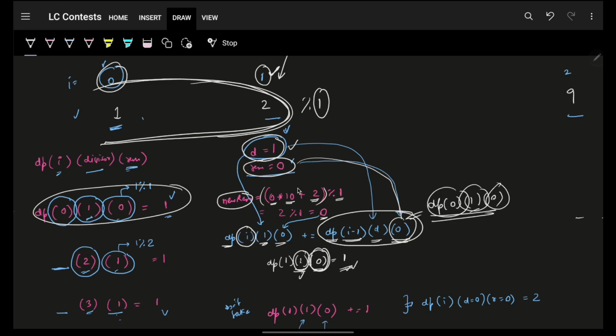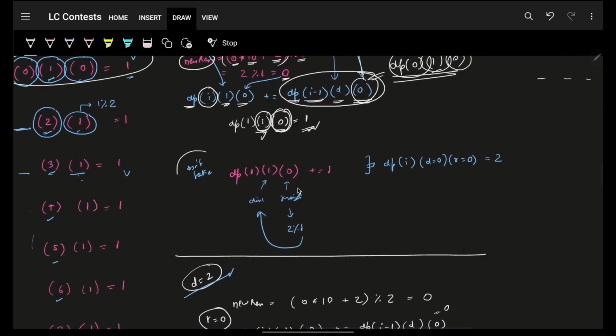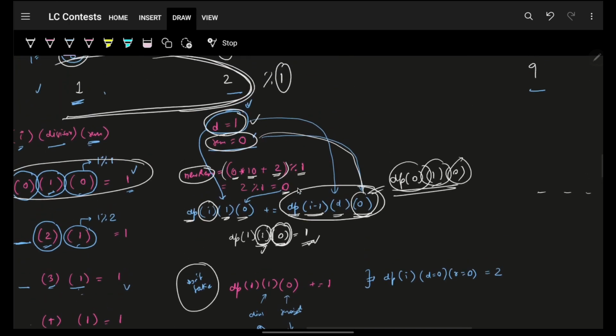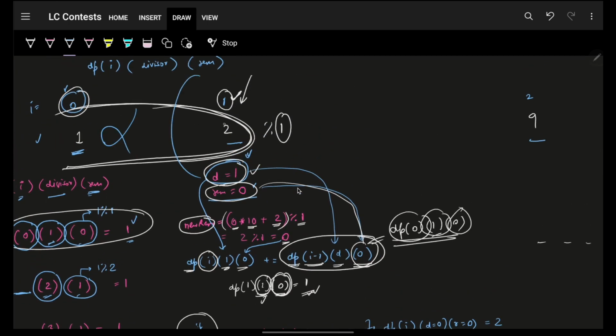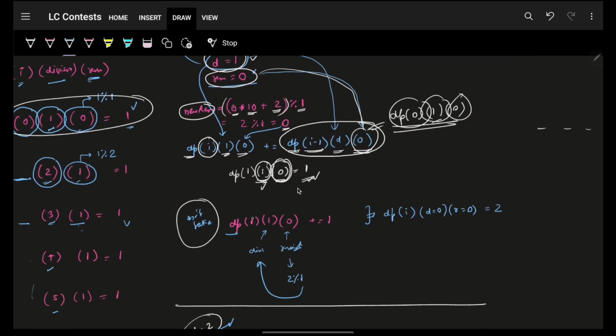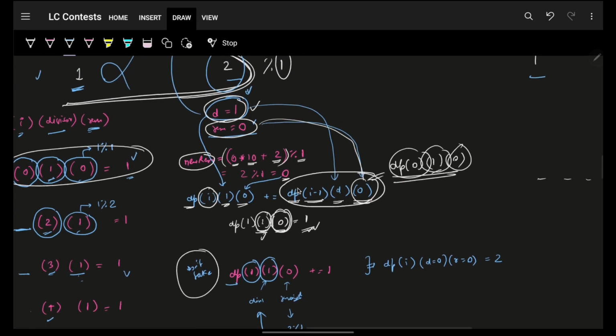But what if I don't include anything from my past? Then I start fresh, I don't take anything. A simple DP, take or not take. If I don't include anything from my past, I will simply check the state: DP of current index, ending at the current index, having a divisor of 1, with a remainder of what?